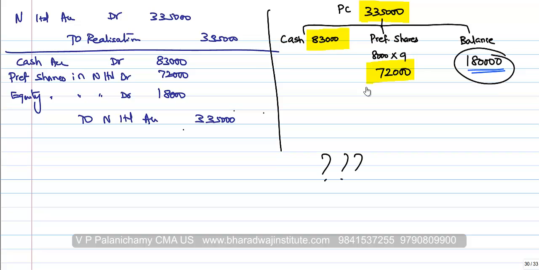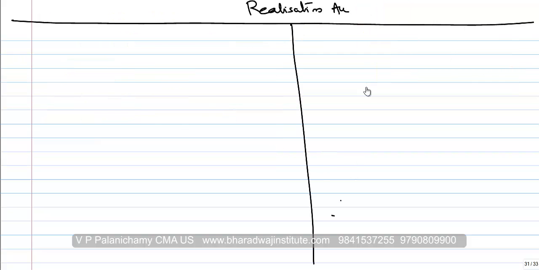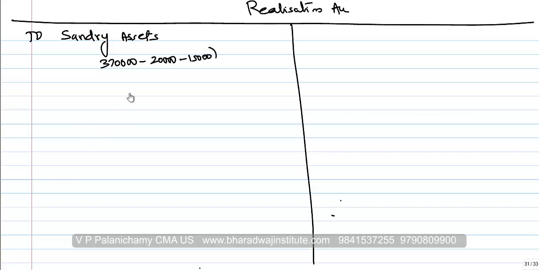As usual, let us continue with transfer of assets. We'll transfer assets. In the exam, please don't do this individually; you can use sundry assets here. What is the total of assets? Minus what you cannot transfer. Bank, how much? Advertisement expenditure? Don't transfer that. Balance you can transfer. How much? To sundry assets 3,35,000.